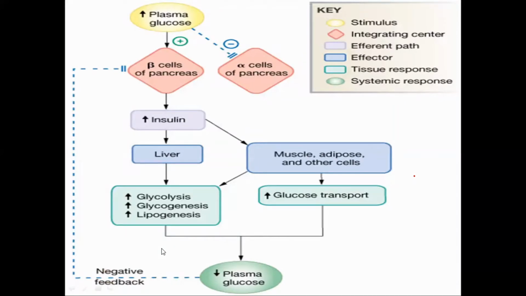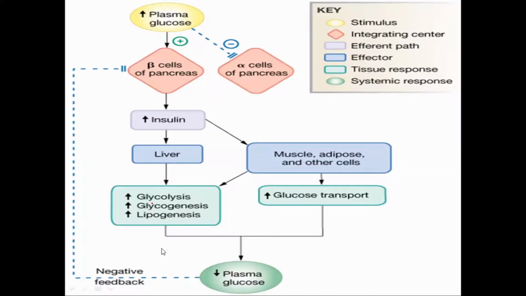What happens and how its level is maintained. Like you can see, when the plasma glucose concentration is increasing, it acts on beta cells, and beta cells of pancreas get stimulated. So when beta cells of pancreas get stimulated, then there is increased insulin, and this insulin will show its action on liver and muscle.